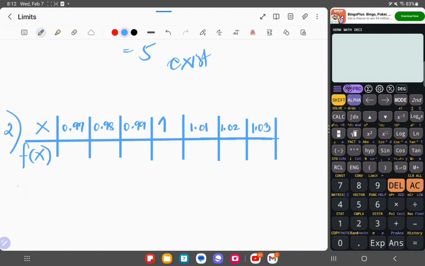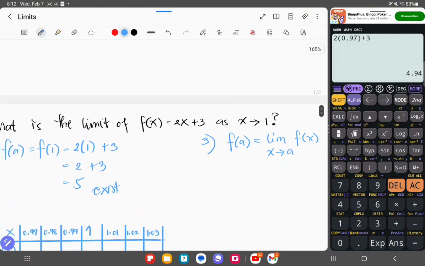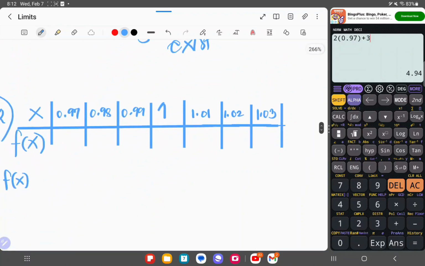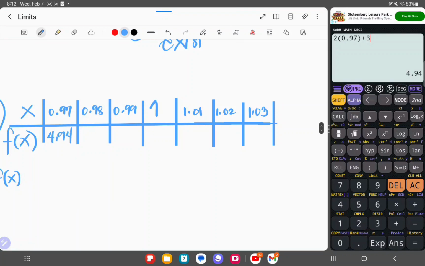So we have to evaluate f of x. For the first value, we have 0.97. That would become 2 times 0.97 plus 3, which is our function here, equal to 4.94. Now changing the value of x to 0.98 because it is approaching 1, we have 4.96.